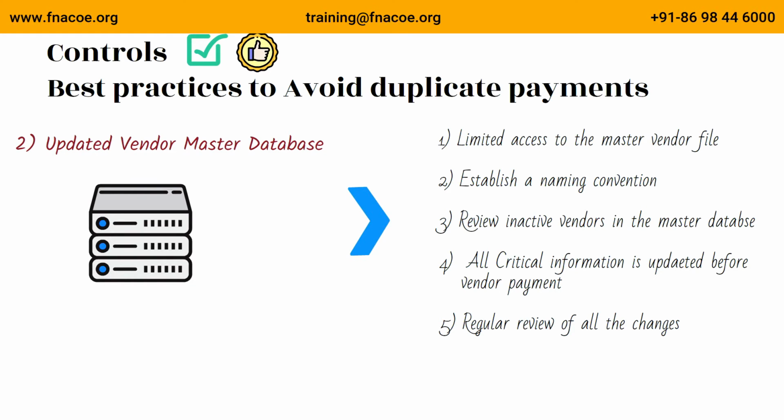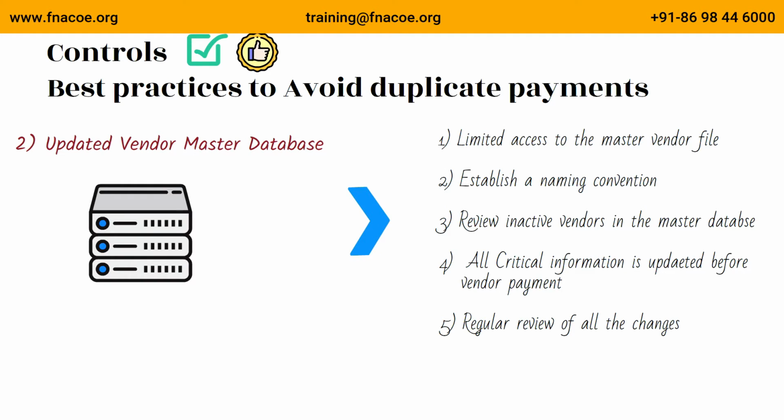Then, once the check has been made, they go back into the file and change the address back to the correct address. Without a review of the changes, the fraud could go undetected for years, with different vendors being targeted each time.